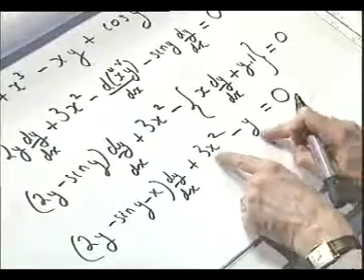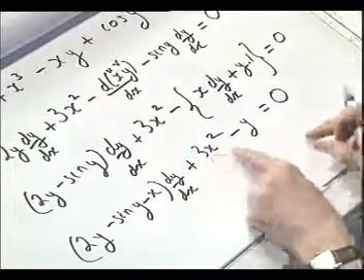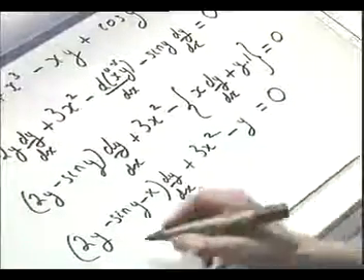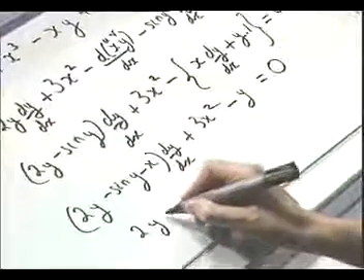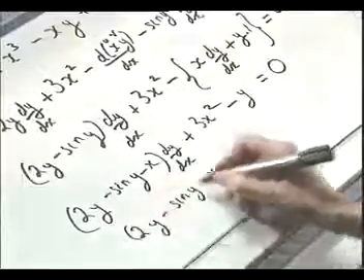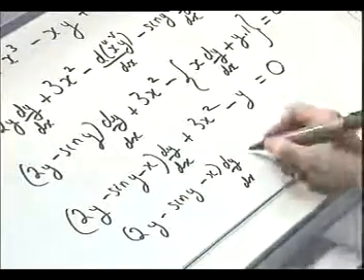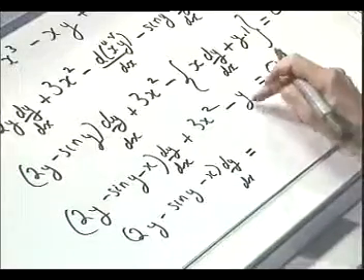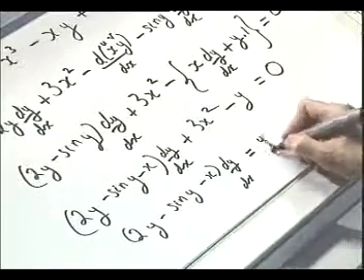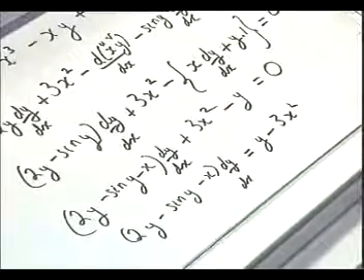If we take this over to the other side, in other words, we take this away from both sides and add that to both sides, you'll have 2y minus sine y minus x times dy by dx is equal to, adding this one to both sides, y, taking this one away from both sides, we get that.